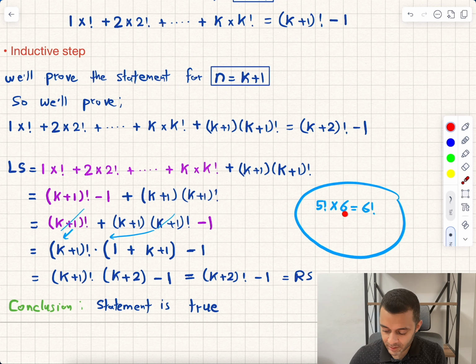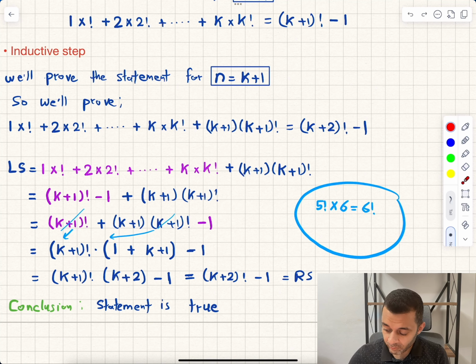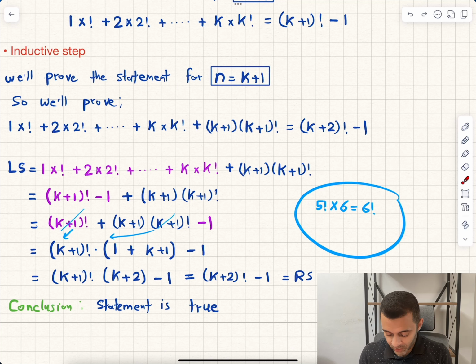Here, 6, and then the 5, 4, 3, 2, 1 are all in 5 factorial. That's why when you multiply 5 factorial by the next number, you'll get 6 factorial. Same here. When you multiply k plus 1 factorial by the next number, k plus 2, it will be then k plus 2 factorial minus the same one.